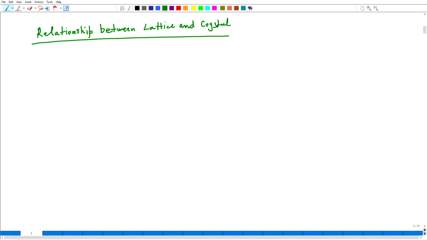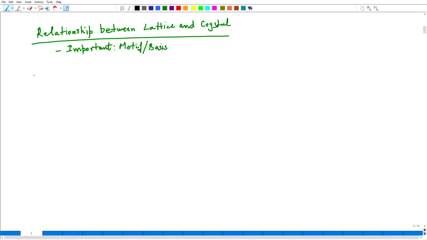Here, what is going to become important is, so the important idea, what is important to draw a relationship between lattice and crystal is a third key concept that I had introduced, motif, or basis. So, now before we try to understand this relationship, I would like to first give a very clear definition of what is a lattice.